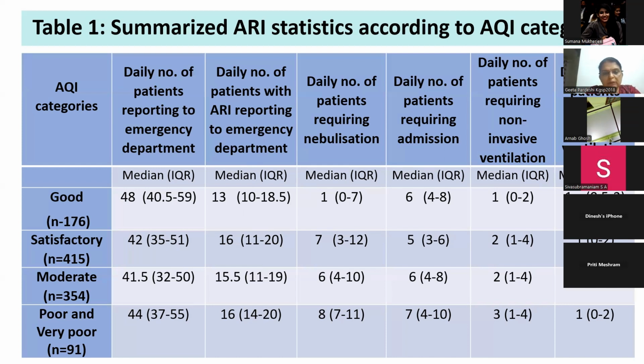Specifically for the third column, it is very clear that as the AQI is getting worse, the number of cases, in this case we have used median as the descriptive measure, is also increasing. The number of patients coming to the emergency department is increasing as AQI is getting worse. For poor, it was 13, it became 16. 16, 16. It is actually very similar for the rest.